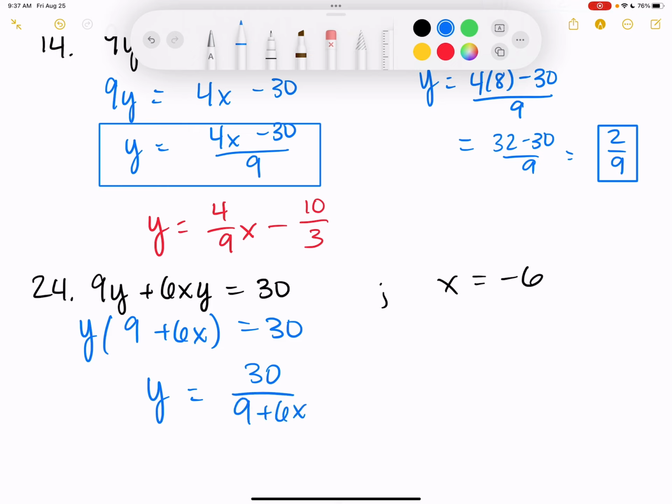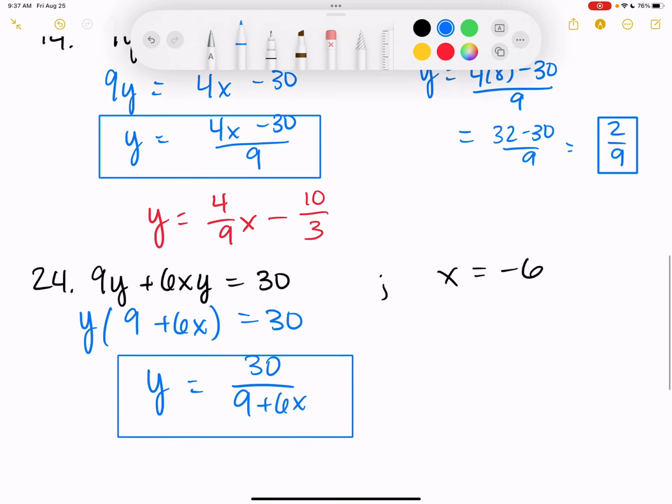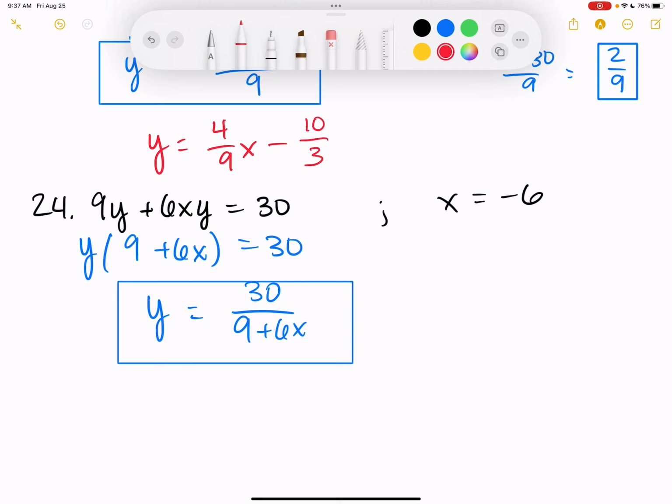So this is just being multiplied. When I'm multiplying things, I can divide to get rid of it. So I do that. Now, I want to caution you very quickly. This is not the same as this. This is not true.